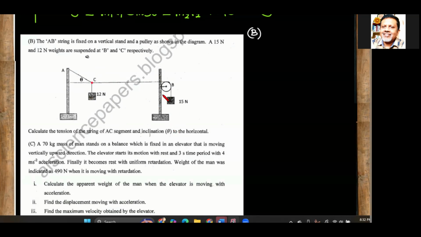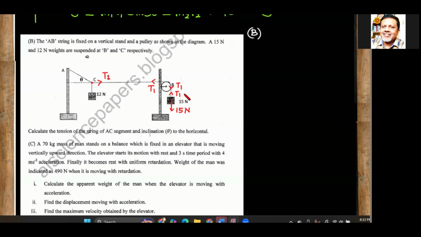Okay, so we have to consider this force, right, 15 newtons at this point is equal to the tension T1 where it will go like this up to this point. So even at point C, you can mark the tension T1.